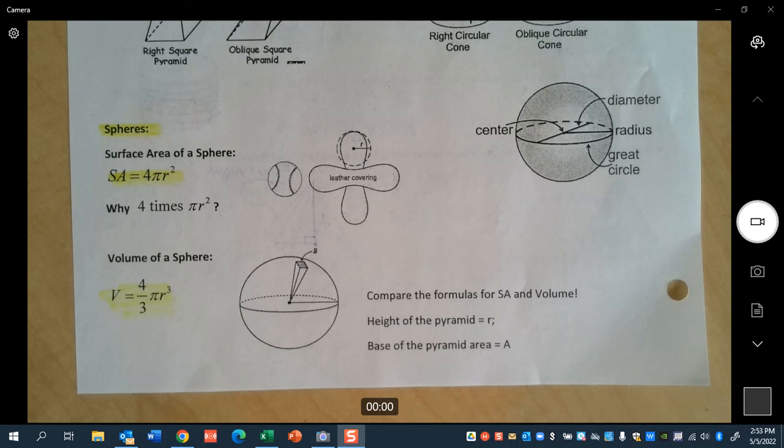So the surface area makes sense that it's 4 pi r squared, because pi r squared is the area, and you have 4 of them, so that's kind of fun to look at. And then, of course, for our volume, it's 4/3 pi r cubed. That's going to be the volume of the sphere. You will have the formulas when it comes time for that.